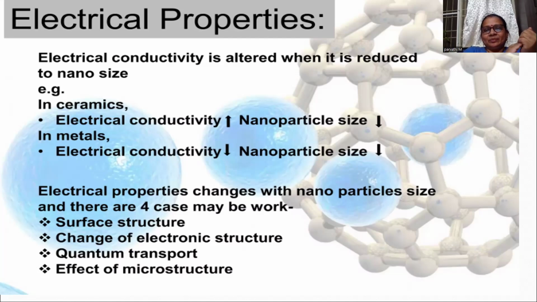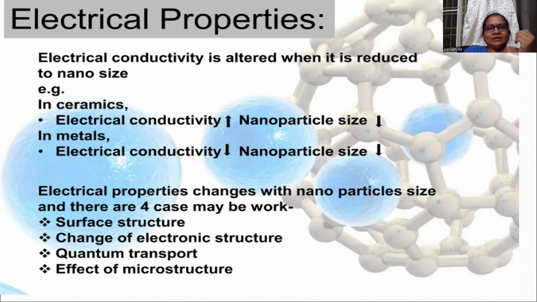That is one typical characteristic we can observe in ceramics. Similarly, in metals, electrical conductivity decreases as nanoparticle size decreases. As the particle size reduces, the vicinity of atom to atom reduces, so the conductivity reduces.